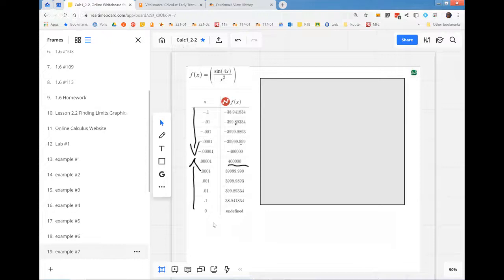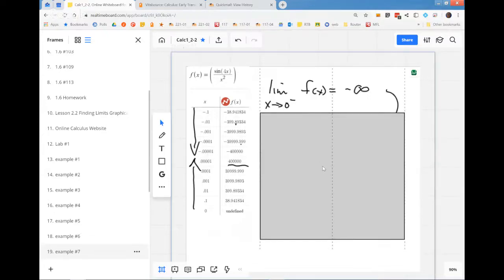What's happening as x approaches 0 from the right? Getting massively huge, positive 400,000. By the way, I could have picked even smaller numbers, we could have gotten tinier without getting to 0. So what's going on here is the left-hand limit as x approaches 0 is actually negative infinity.